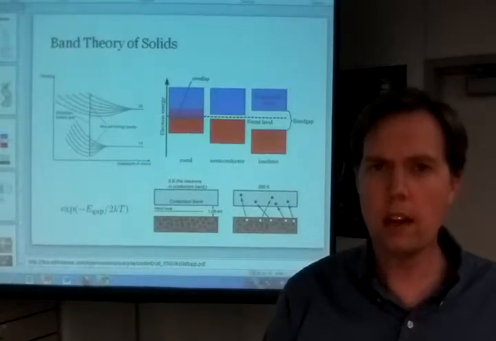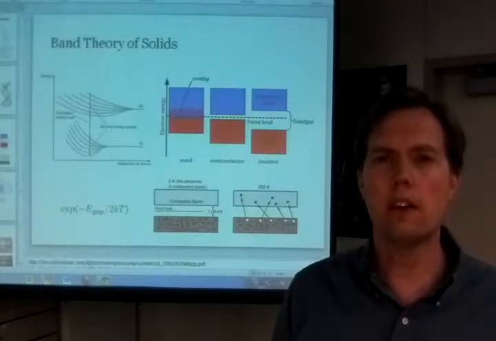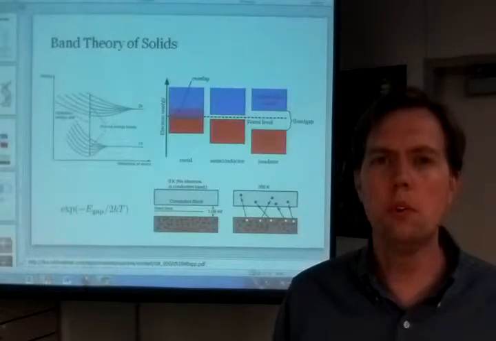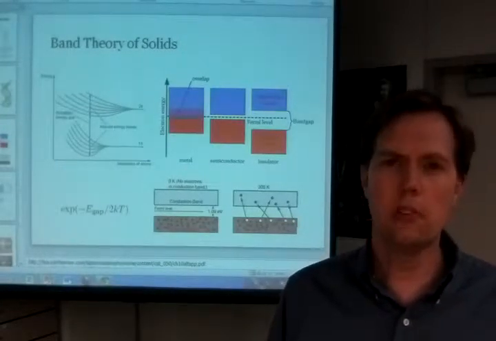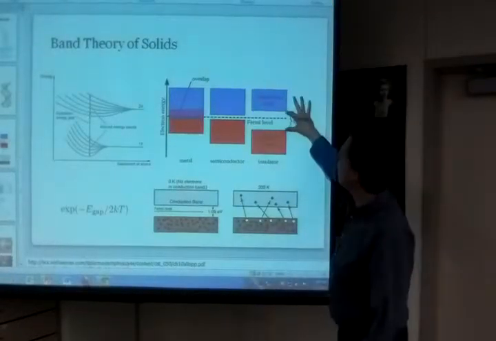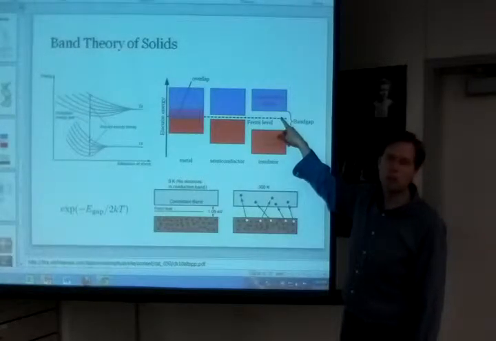The reason is that the electrons are all locked in that valence band. They're stuck where they are, at their lowest possible energy level, which means they're not moving. In order to move, they have to get a little bit of energy. The problem is, there's this big gap here where it's not possible for an electron to be.